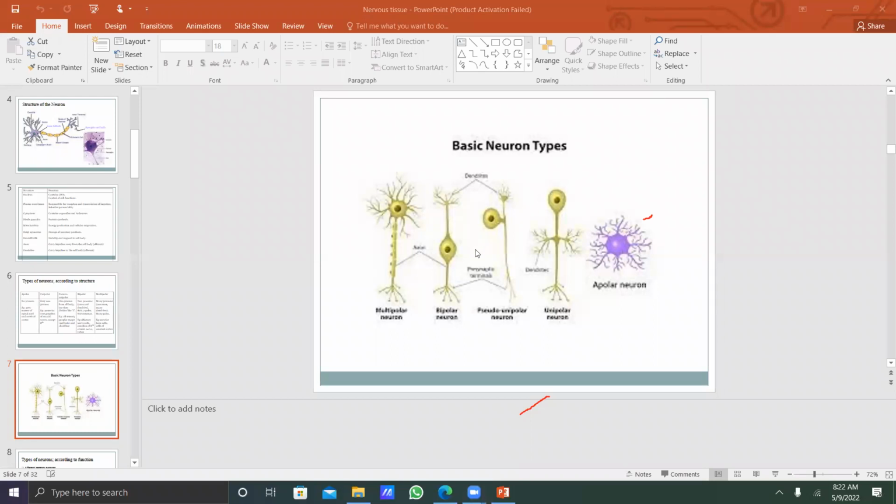This one is the multipolar neuron. This one is a bipolar neuron. And this is a pseudo-unipolar. This is a unipolar. And this one is an apolar neuron.